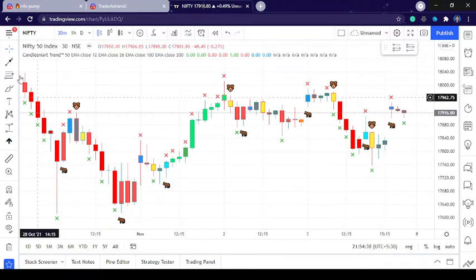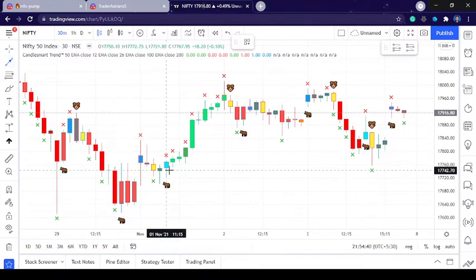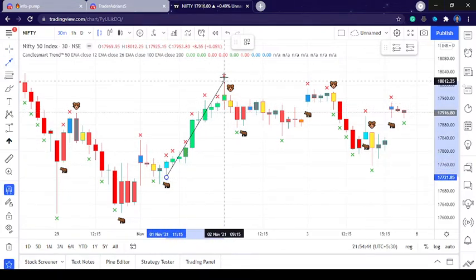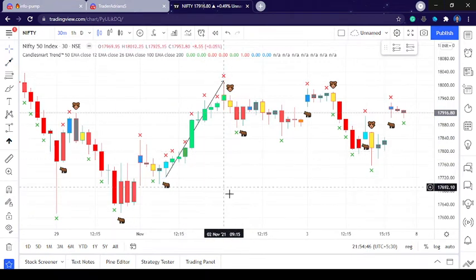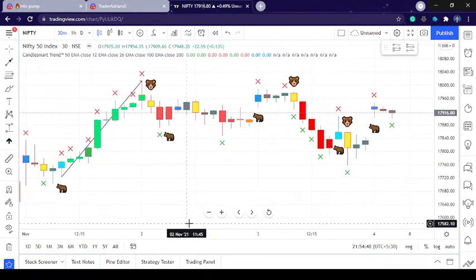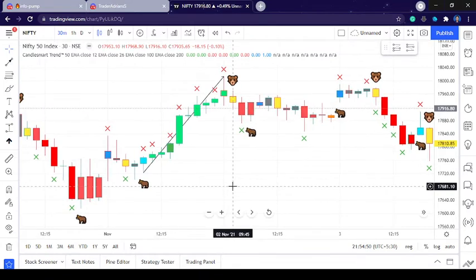Here we are able to see an uptrend, right? See what happens in an uptrend. An uptrend happens when there are fewer buyers and more sellers playing on a particular stock, commodity or cryptocurrency.